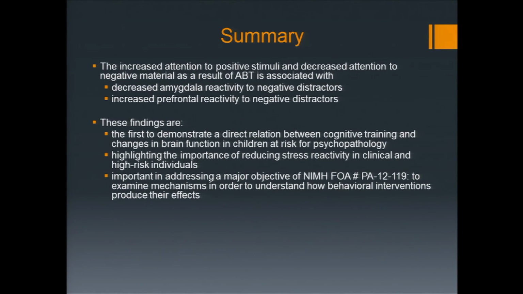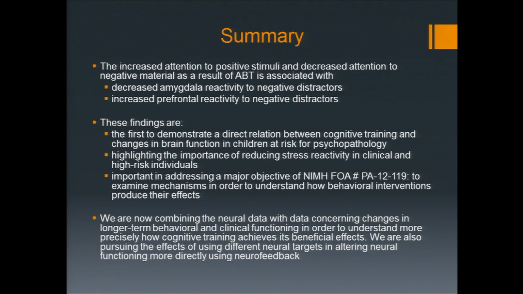It's the first study with high-risk kids, or high-risk populations, to demonstrate neural mechanisms underlying cognitive training effects. It's highlighting for us the importance of stress reactivity in depression, in kids at risk for depression, and was important, of course, for us in addressing the SOBC mandate.